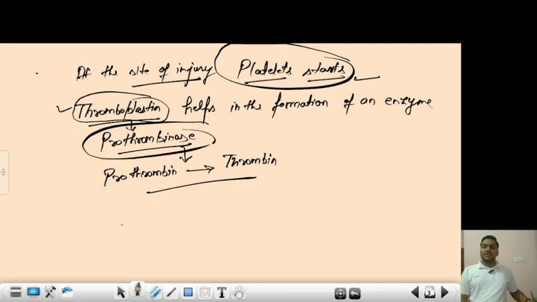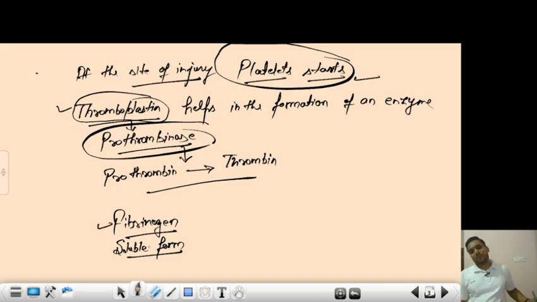As you know, there is a substance, that is fibrinogen, present in the blood in its soluble form. The function of thrombin is to convert fibrinogen into fibrin, which is the insoluble form.